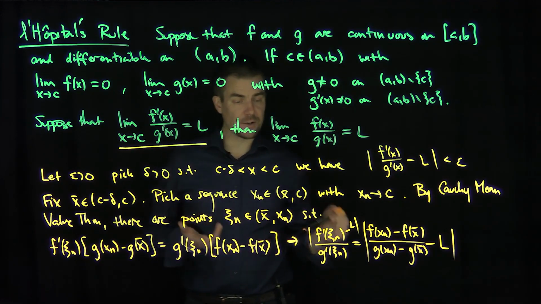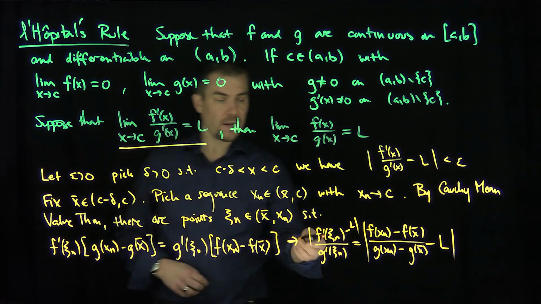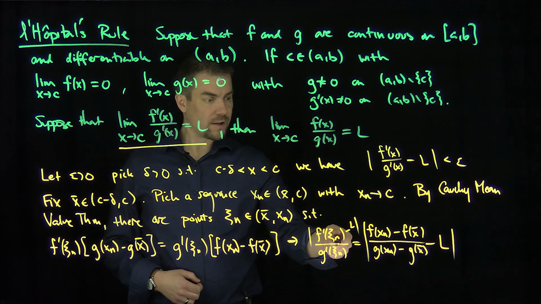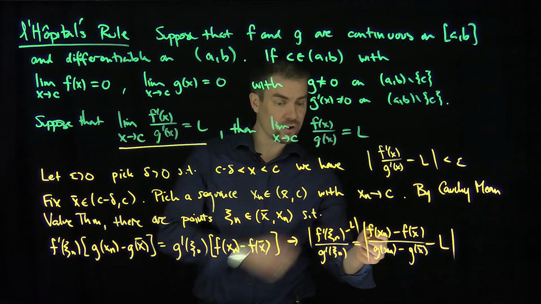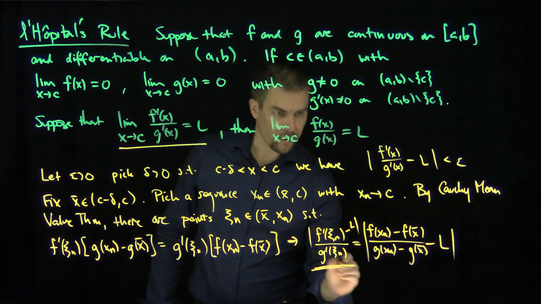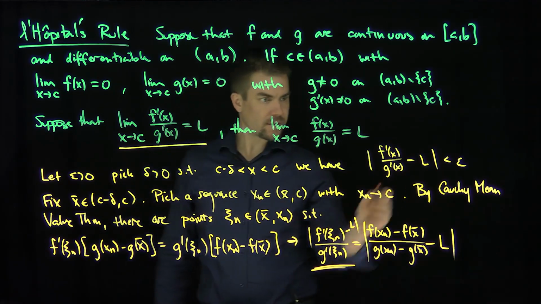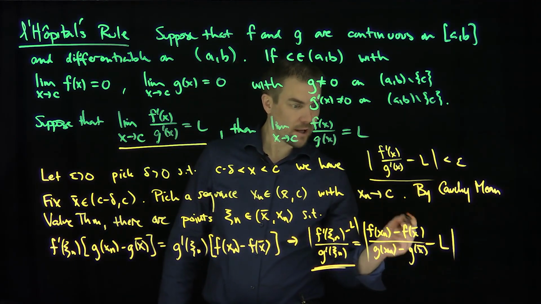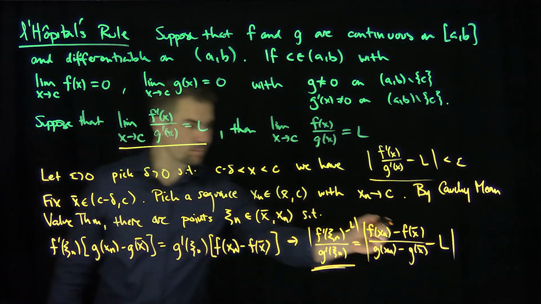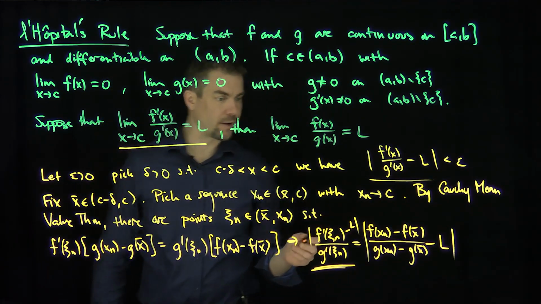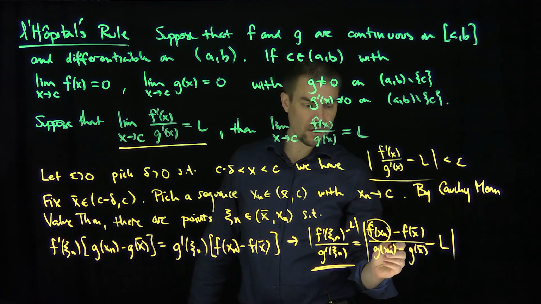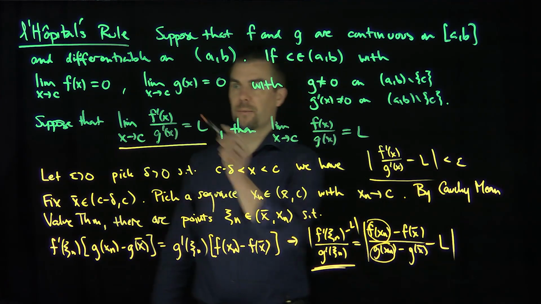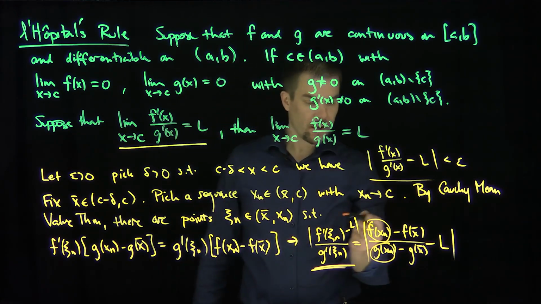And so now what happens as n goes to infinity? This expression over here can be made arbitrarily small, right? In this particular range, this is going to be less than epsilon, right? So this expression over here is also going to be less than epsilon. And for n sufficiently large, f of x_n converges to 0, and g of x_n converges to 0, because of the assumption that as you go to C, they go to 0.